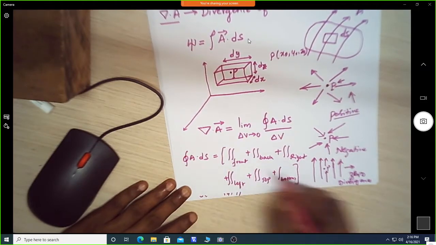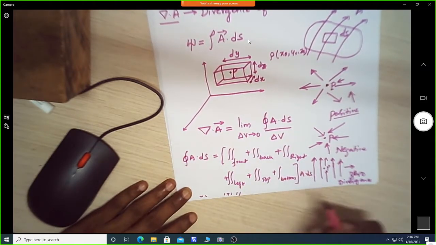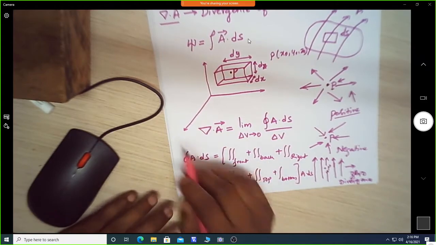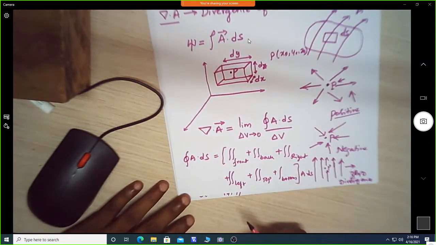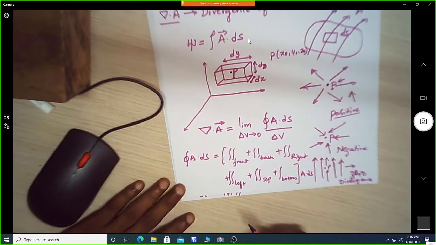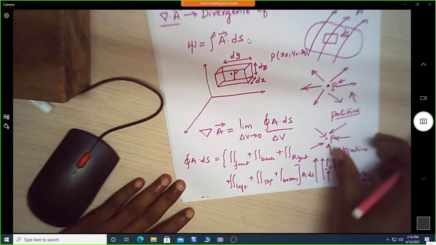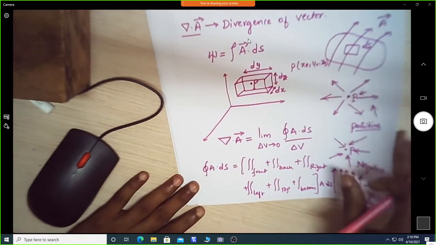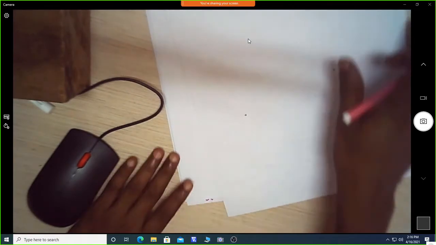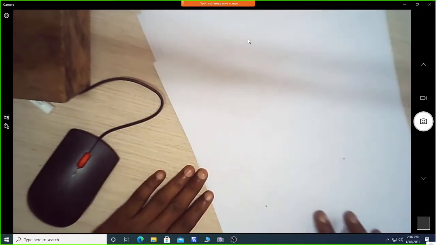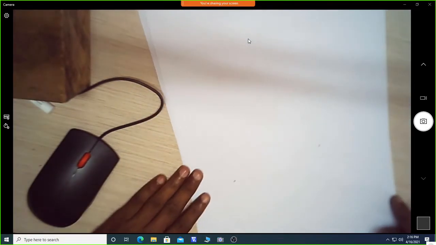All these things if I evaluate A dot ds, then we will get the total divergence of this vector, okay. Now we will use the Taylor series expansion to find this out. Is it understood? Any doubt in this?